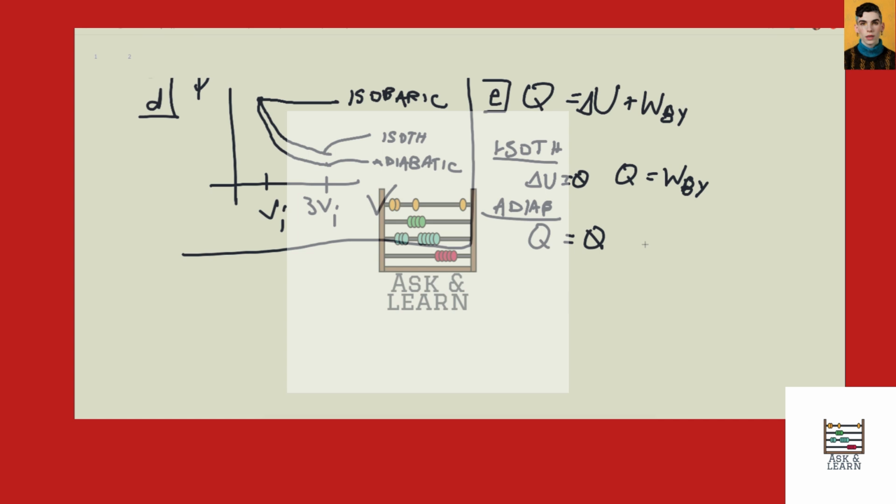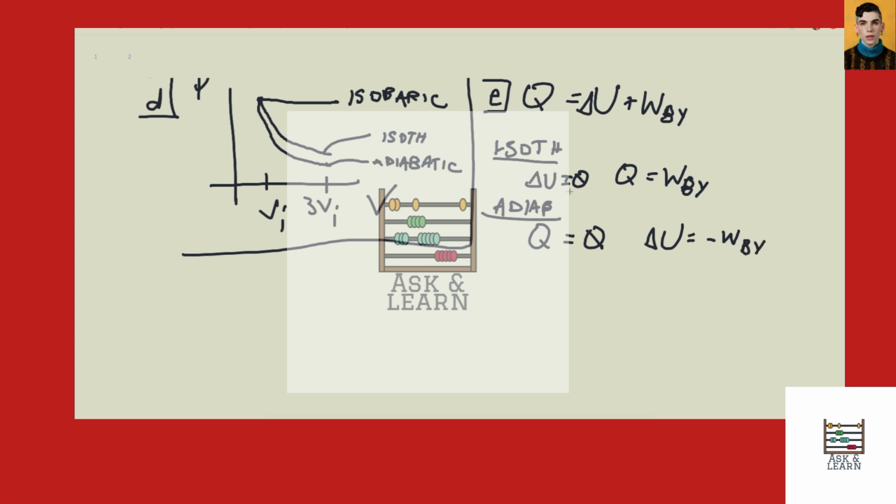So if Q is 0, then delta U is the negative of the work done by the gas. Oh wait, that can't be right. Actually, does this make sense?